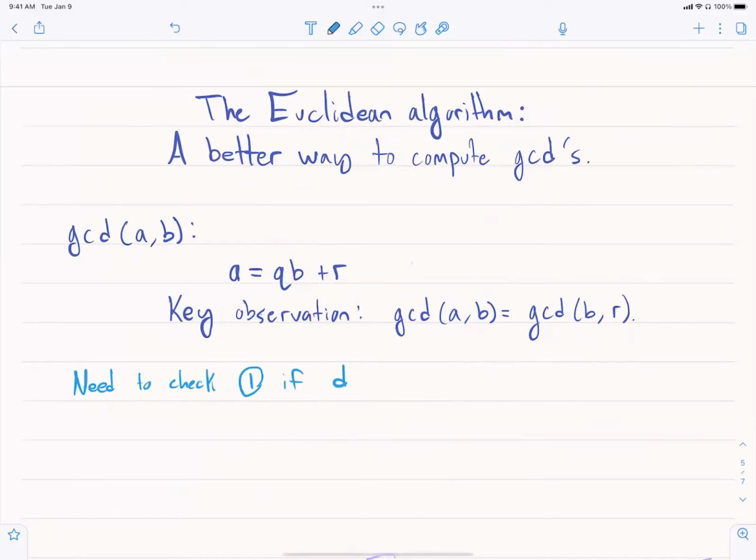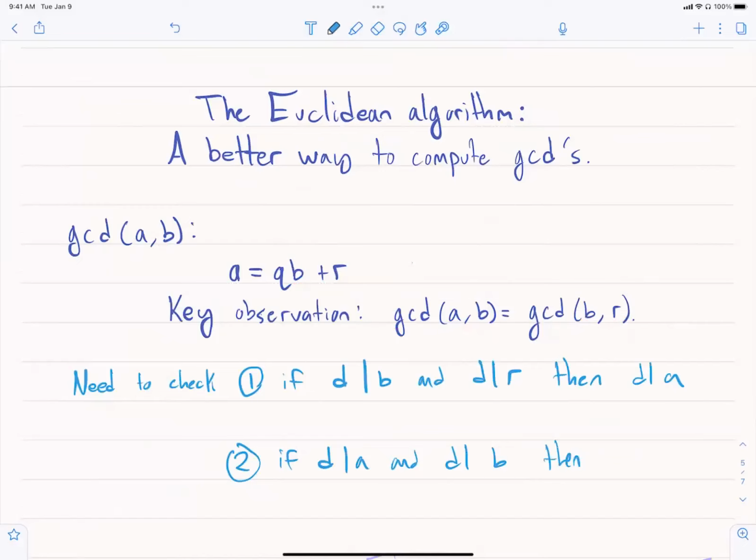One, if D divides B and D divides R, then D divides A. And two, if D divides A and D divides B, then D also divides R. The first says that if you have a common divisor of B and R, then it also divides A, but it already divided B, so it's a common divisor of A and B. The second says that if you have a common divisor of A and B, it also divides R, so since it already divided B, it's a common divisor of B and R. If you can go both ways, then these numbers really have to be equal.